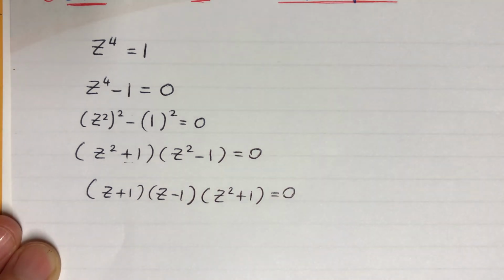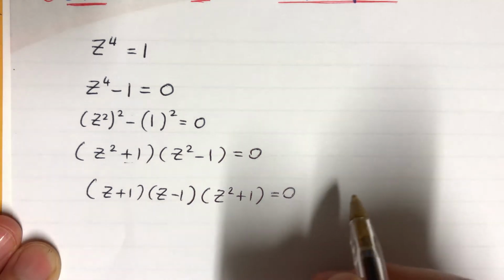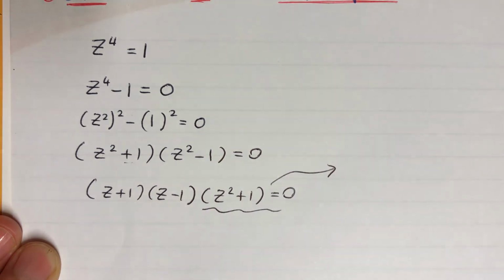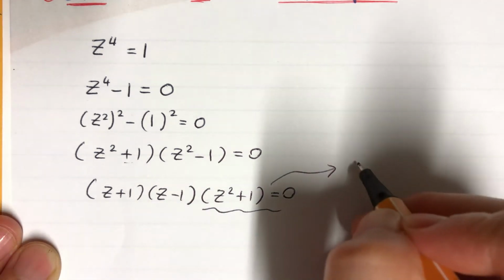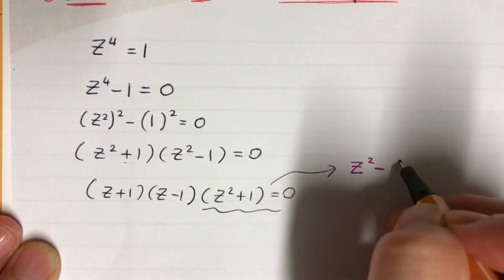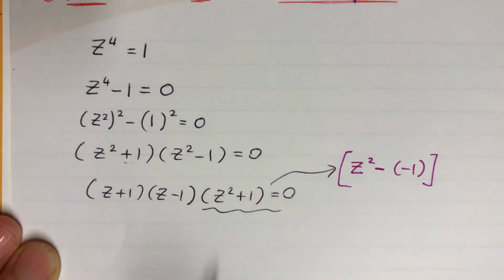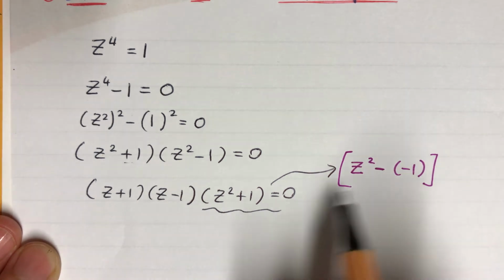But luckily we know complex numbers. If I can change this into, say, z squared minus 1, okay, so that's still okay, isn't it?